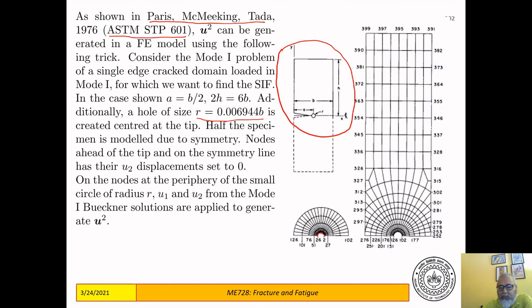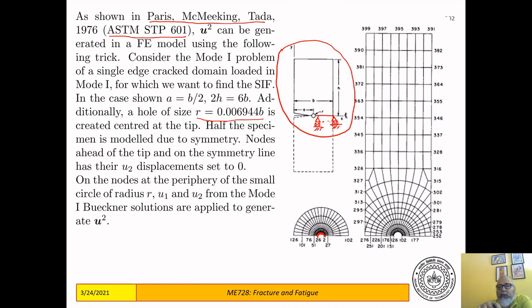Yes, you are generating the Buchner displacement and stress fields by giving these Buchner displacements along this periphery of the hole. And on the symmetry line, you have to set the u2 displacement to be 0 all along the symmetry line, so that you model the symmetry of this mode 1 specimen.